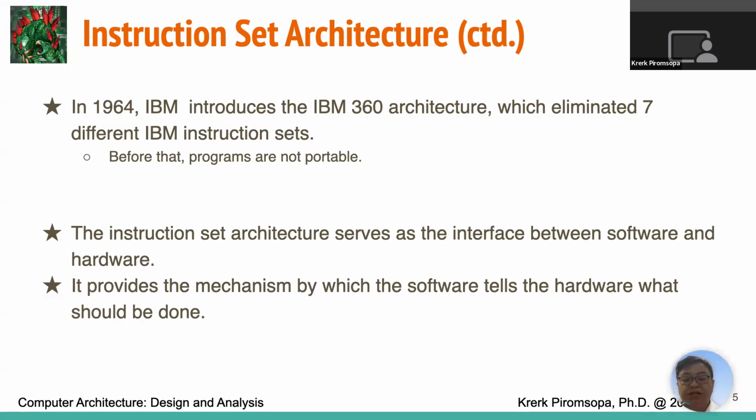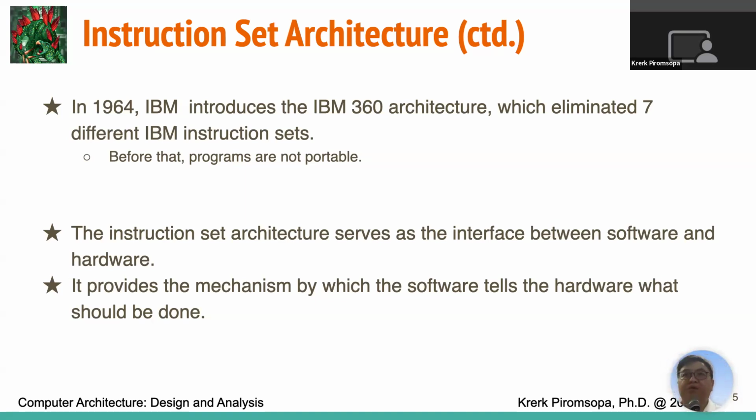Well, the nice thing about the instruction set is that it is a kind of abstraction. It is a kind of standard. That means you can have a new processor with the same instruction set. If I bring you back to 1964, IBM was a big player in the computer industry. IBM would have a new processor coming out every year, a new computer system.